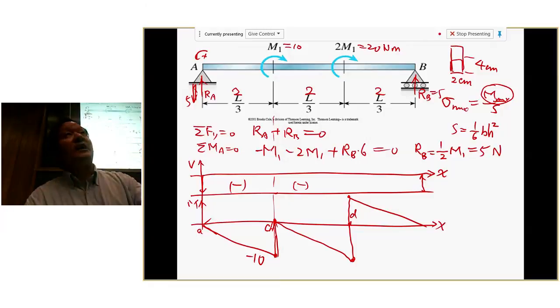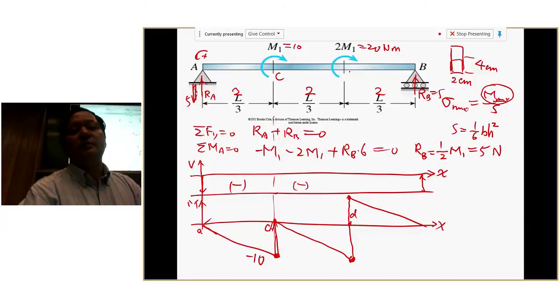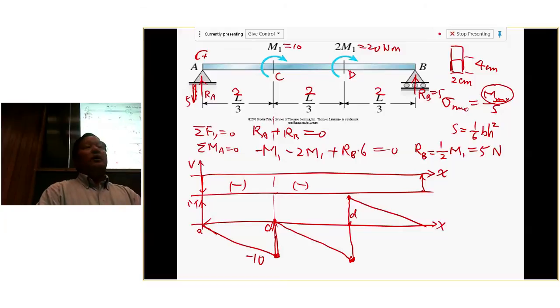So now what's the maximum movement? 10, right? Where? You can see here, negative 10, or positive 10. So it will be both point C and point D, right? We call this point C, this point D. All right. But for this one, luckily, it's the same value. So you can say either one.